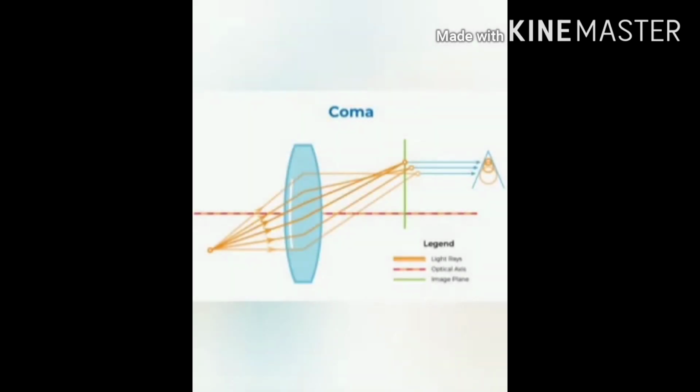The image of a point source of light cannot be brought into focus, but has instead a comet shape. Coma causes parallel oblique rays passing through a lens to be imaged, not as a point, but as a comet-shaped image. Coma can be improved by stopping down the lens.